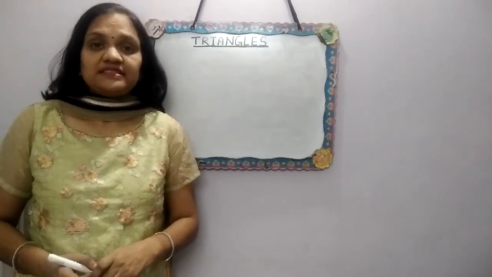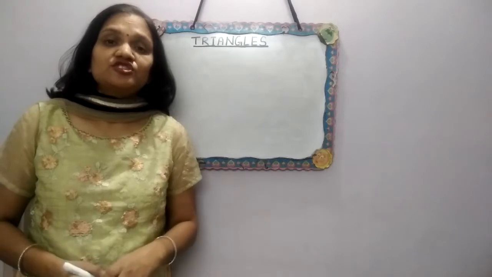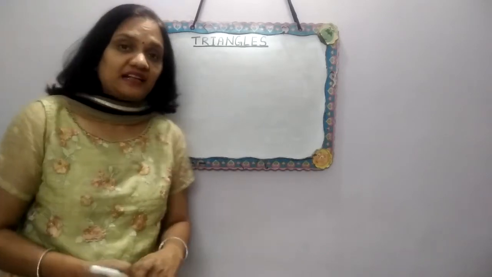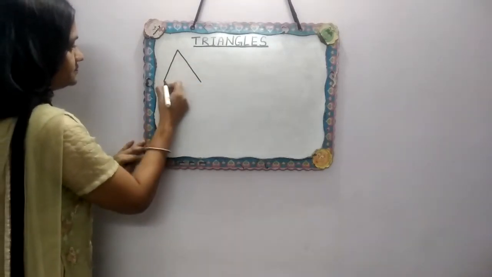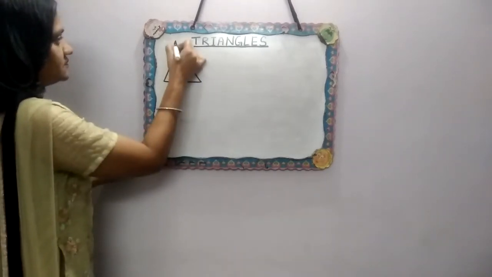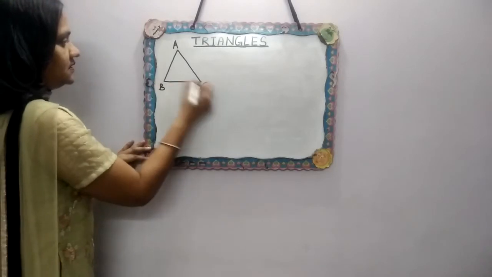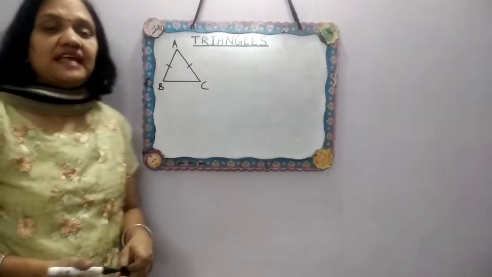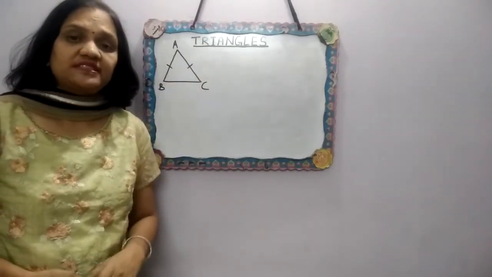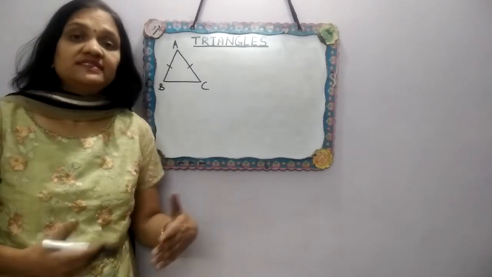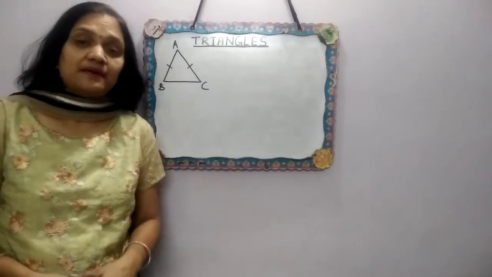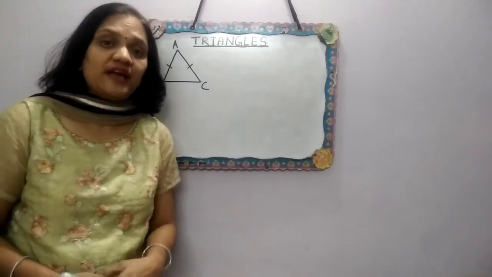Okay, so let's study the relationship between the sides and angles of a triangle. If ABC is an isosceles triangle with side AB equal to side AC, what is the relationship between some angles of the triangle?